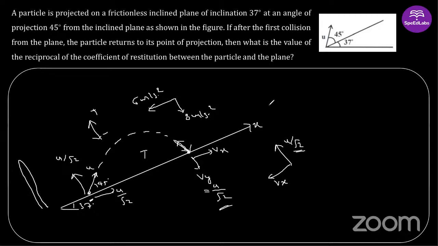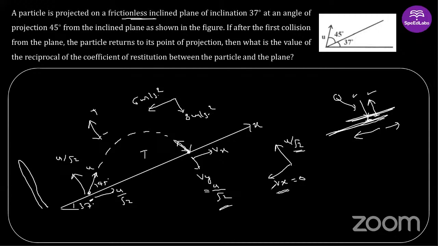One more important point. See, this is the surface. When the ball is coming, the coefficient of restitution just depends on the incoming speed towards the surface and the outgoing speed, the velocity of approach and velocity of separation. It doesn't affect anything along the surface. And the plane is frictionless, so there can't be any force in this direction, which means vx has to be 0.